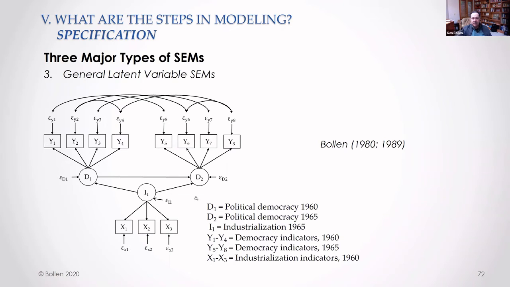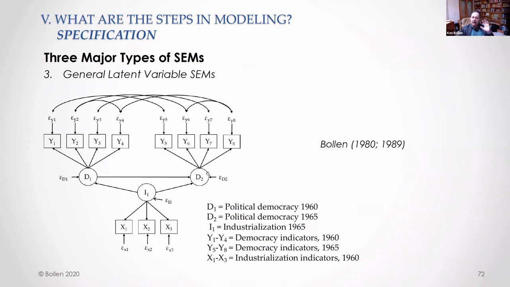So the theoretical hypothesis being looked at here is the impact of industrialization on democracy at this first wave of data and democracy at this second wave of data. And for the second wave of data, we're also controlling for prior levels of democracy. So you can find in literatures in political science, political sociology, some economics, discussion of how industrialization is related to democracy.